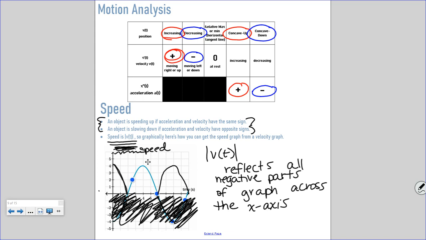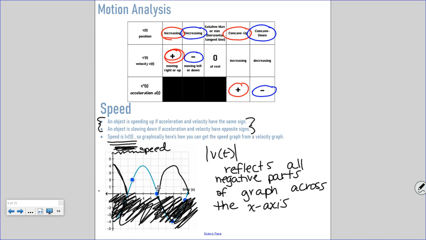So now changing this velocity graph into a speed graph, I can look and see when is this object speeding up or slowing down. Well, I just read the graph from left to right. So from 0 to 2 seconds, the speed graph is decreasing, which means that the object is slowing down. Then speed graph is increasing, so the object would be speeding up.